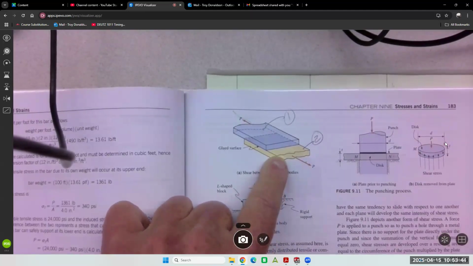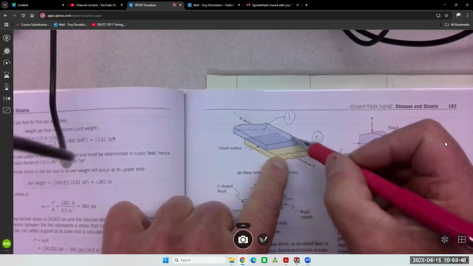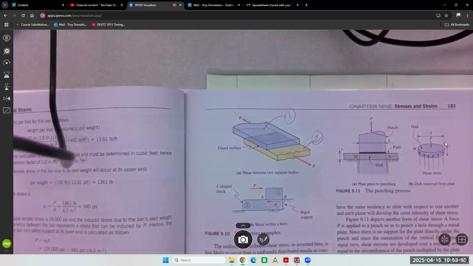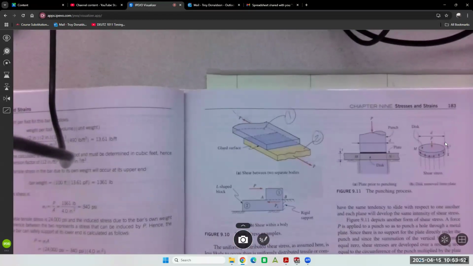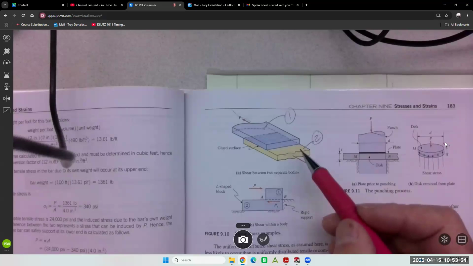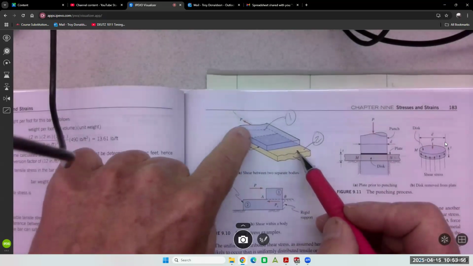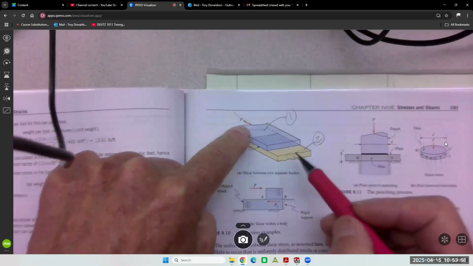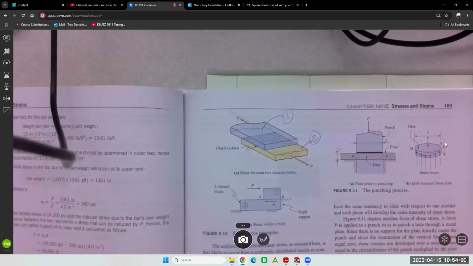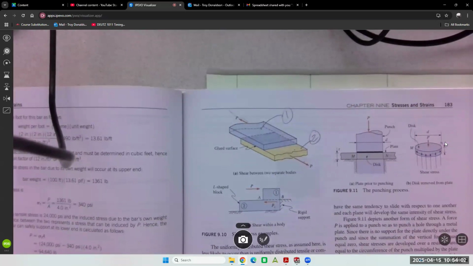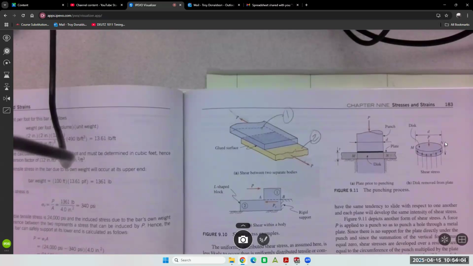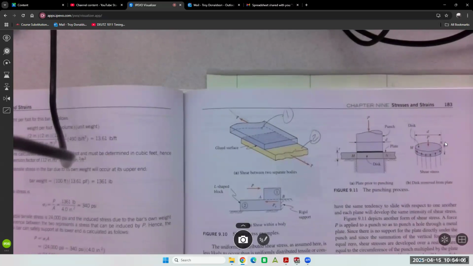And then I could say, what's the shear stress of this system? Well, that's this area. So all of those are 3 different areas and potentially 3 different stresses if this was a different material than this or a different size than this. Okay? So the shear stress area is parallel to it.